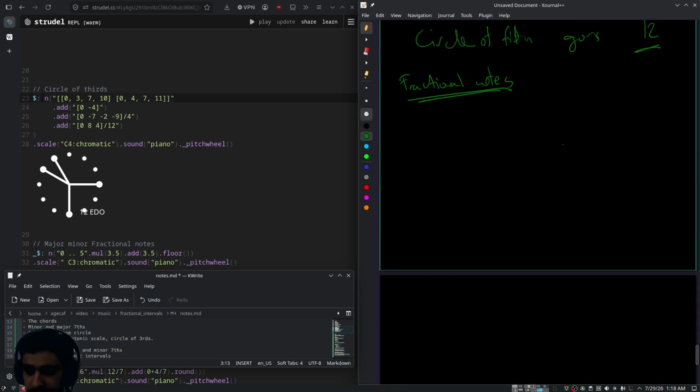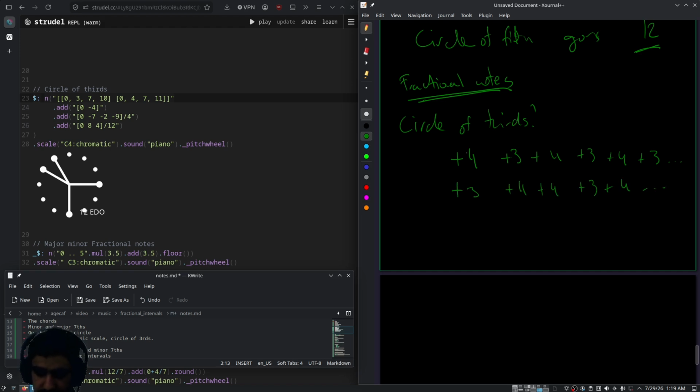Otherwise, please correct me. But the idea is, how do we build a circle of thirds? We just need to alternate between +4 and +3. But sometimes we begin with +4 and sometimes we begin with +3, and that depends on whether we start on a major or a minor.